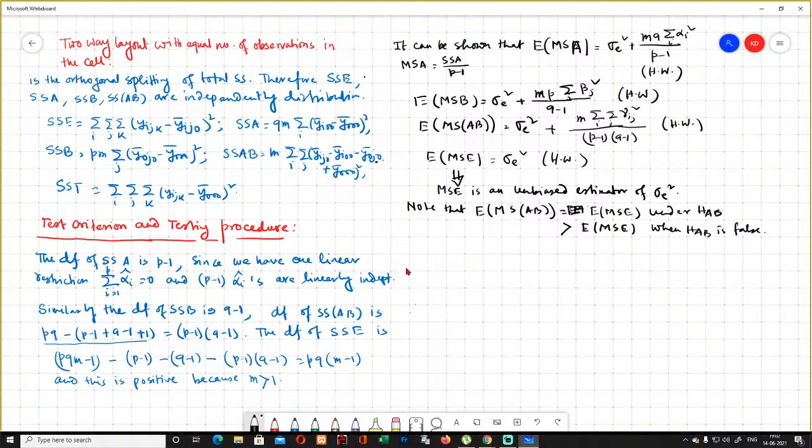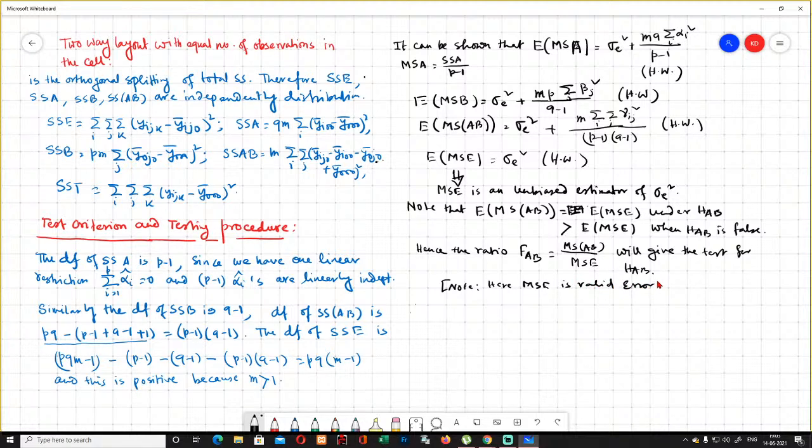So hence the ratio FAB, which is equal to MSAB by MSE, will give the test for HAB. We reject.